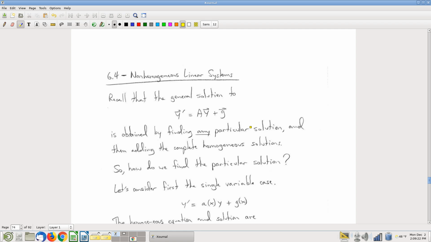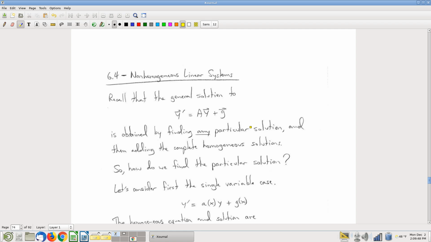And after that, we talked about non-homogeneous equations. Well, here in Chapter 6, we spent a section talking about theorems and setup and strategy. That's 6.1. And then we spent 2 sections talking about homogeneous systems. In 6.2, we talked about the diagonalizable homogeneous case, and in section 6.3, we talked about the non-diagonalizable homogeneous case.